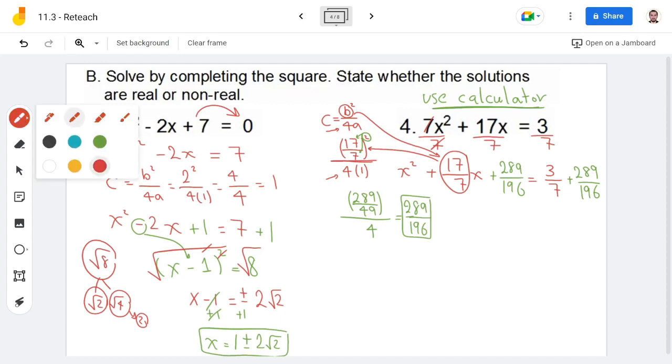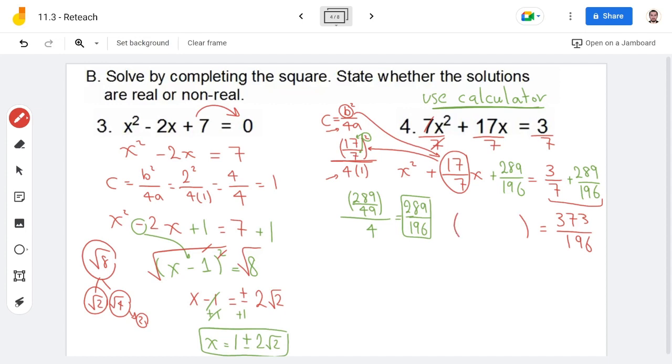Now, let's simplify. First, let's add these two parts together. 3 over 7 plus 289 over 196 is equal to 373 over 196. Then the other part, let's factor this part.